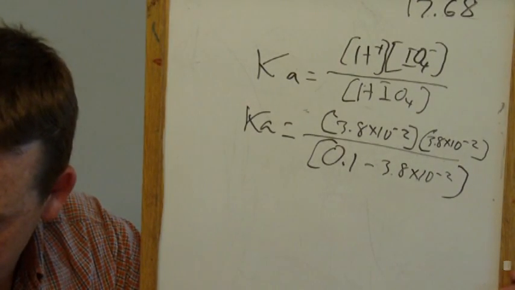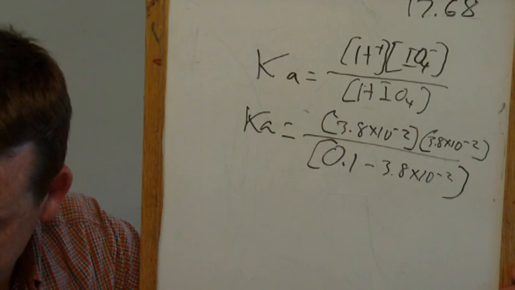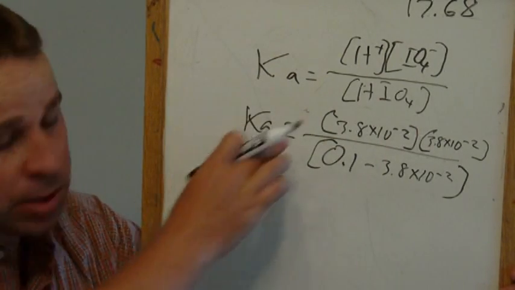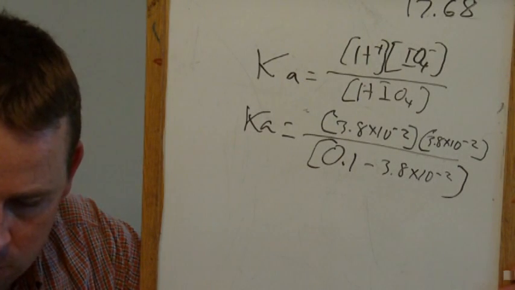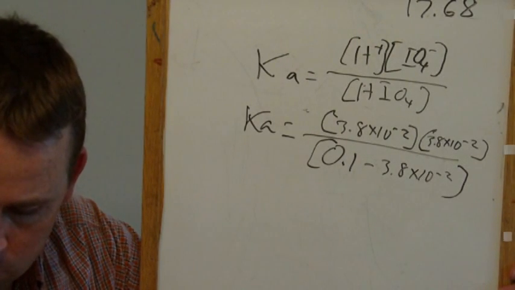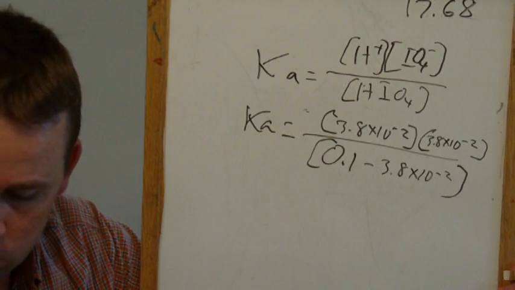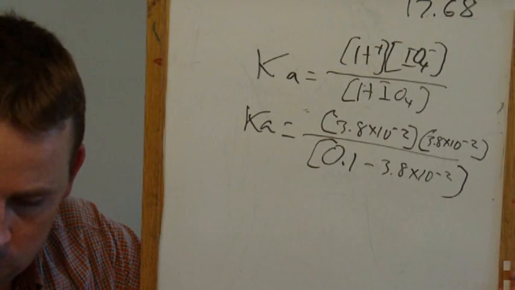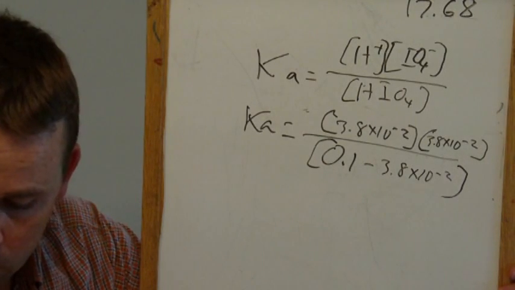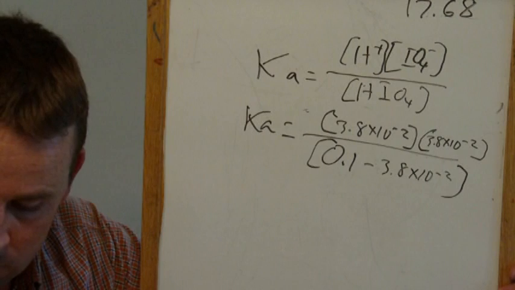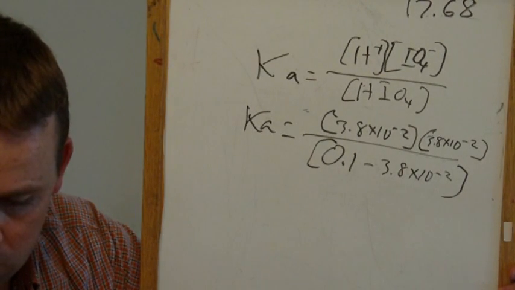All right, so we can identify the Ka. Let's solve this here. 3.8 times 10 to the minus 2 squared divided by 0.1 minus 3.8 times 10 to the minus 2.